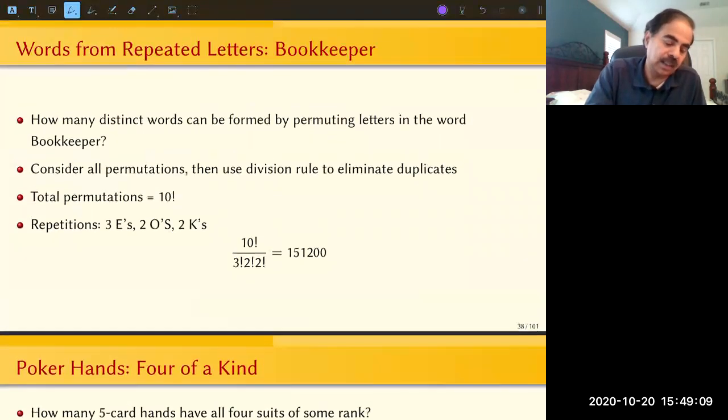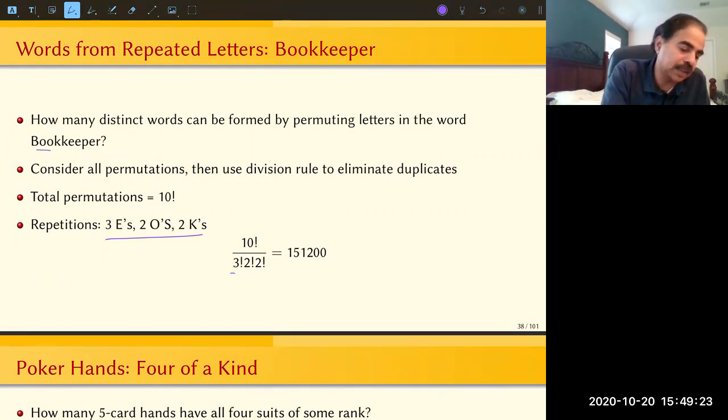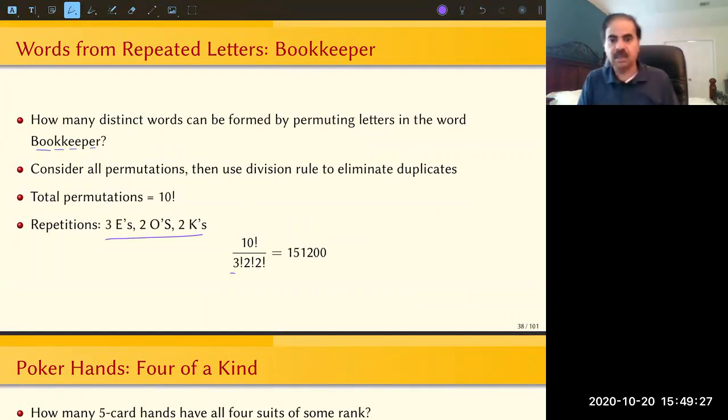And finally, there are only 3 letters that are being repeated. O is repeated twice, K is repeated twice, and E is repeated 3 times, right?